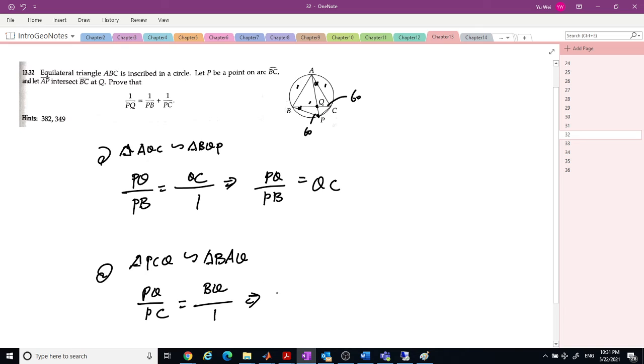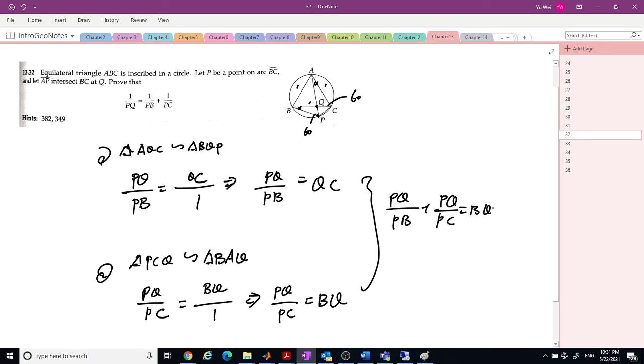So we can see PQ over PC is equal to BQ, right? From these two, PQ over PB plus PQ over PC is equal to BQ plus CQ, which we assume is 1. So that's why we have 1 over PB plus 1 over PC is equal to 1 over PQ.